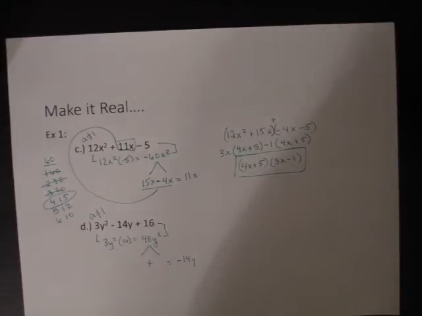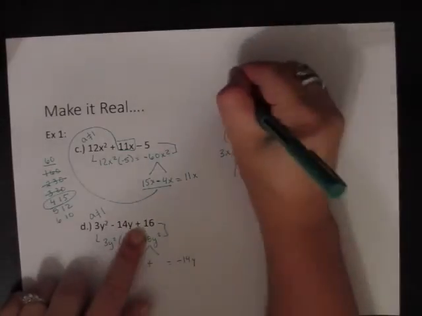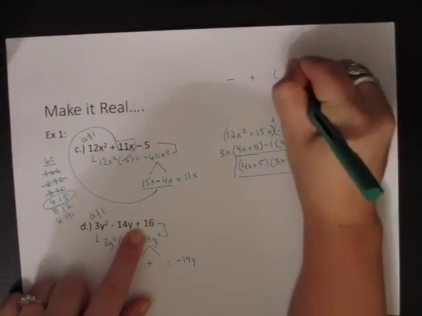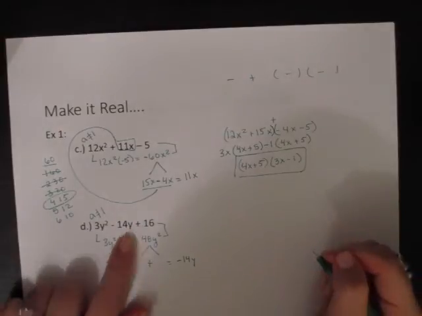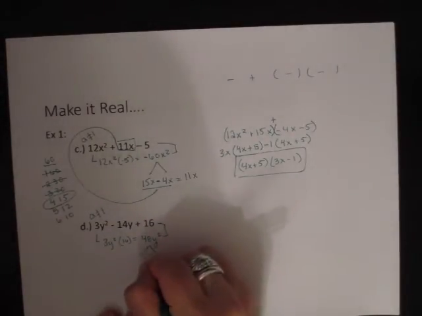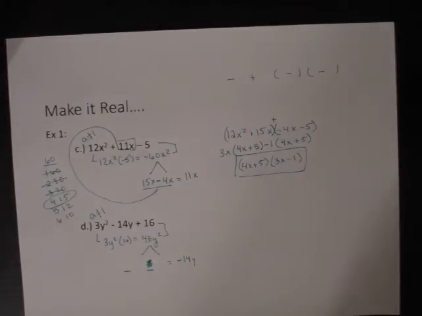Now, let's talk really quick. When I have a negative times a positive, remember, then my binomials are going to be negative, negative, right? So actually what's going to happen is, just like yesterday, I'm going to have a negative and a negative to get to negative 14y.